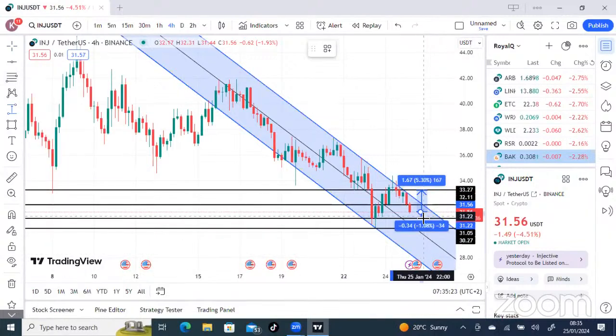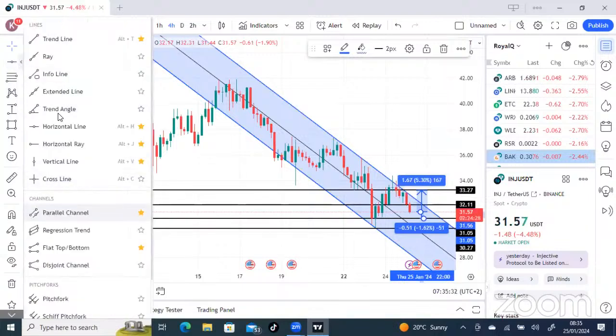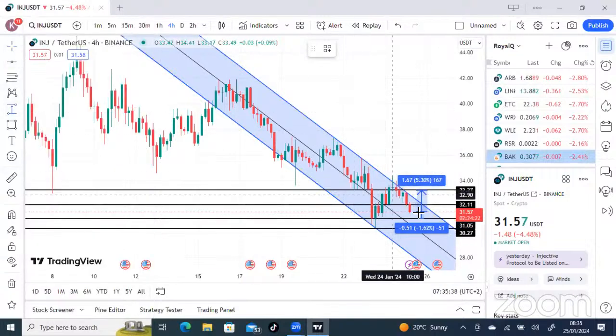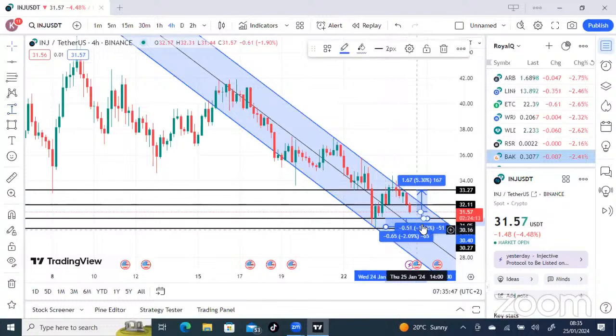From current price to this line, margin call 1. Let me pick from this to this down lower line, margin call 2. Now, me, I don't waste time with this when I'm gonna give a signal.